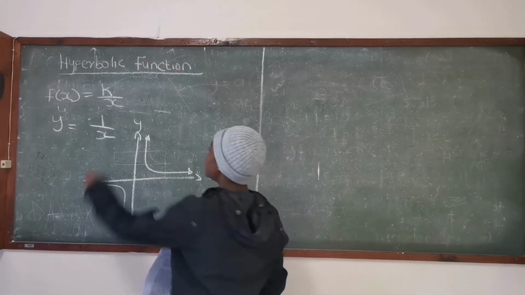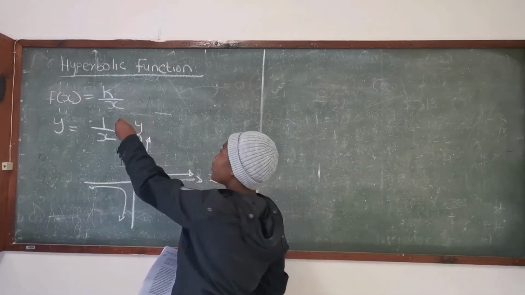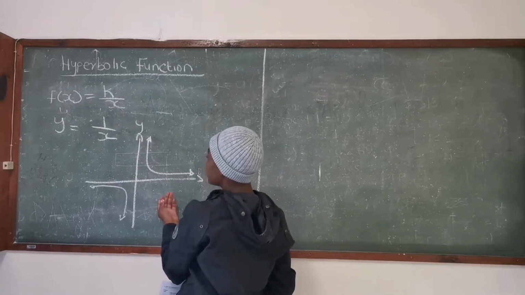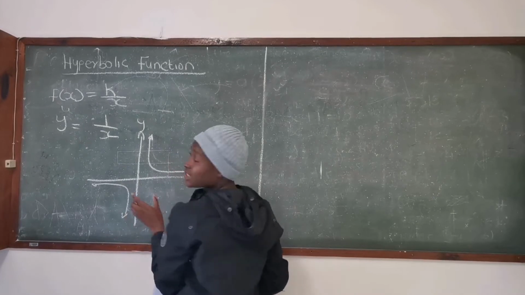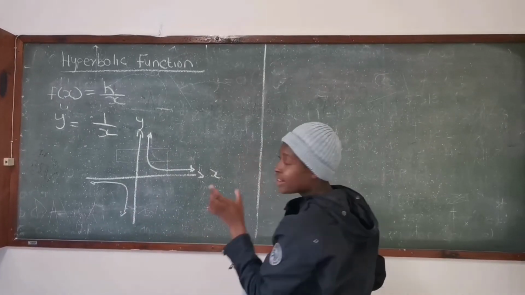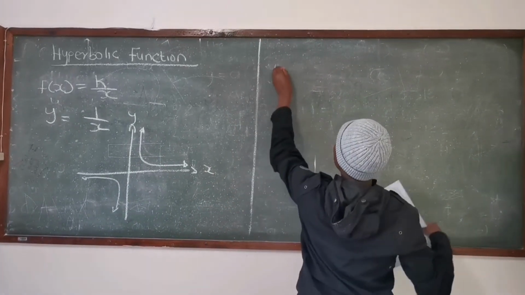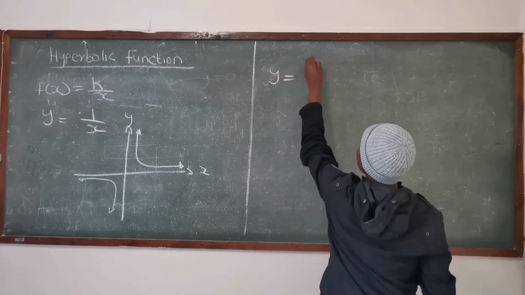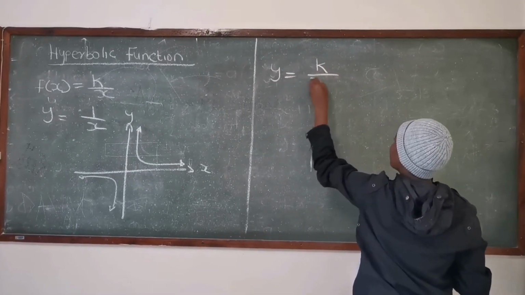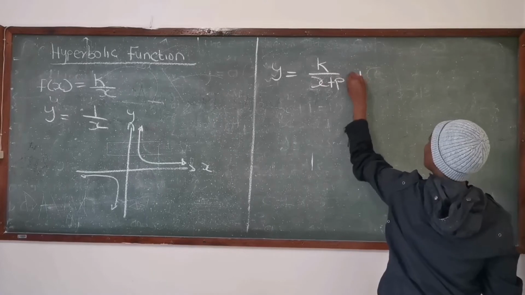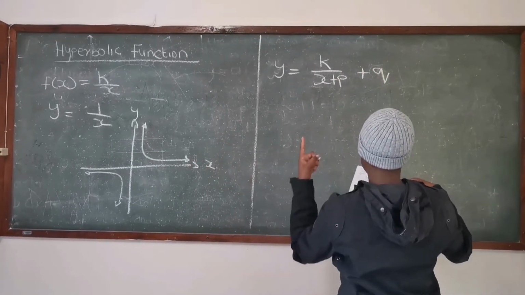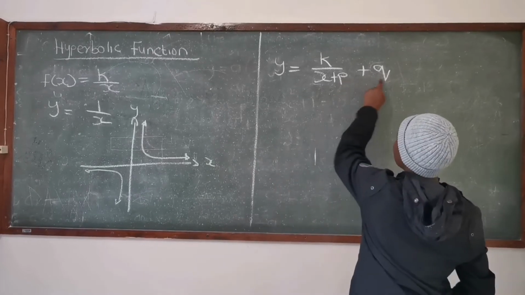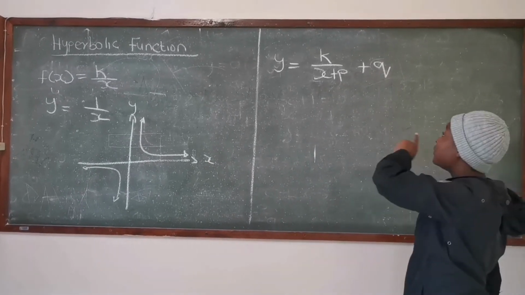Since I said this is the parent equation, it means this comes from this one, because our graph can transform into another formula, which can be y is equal to k over x plus p, plus q. The q value represents the shift.